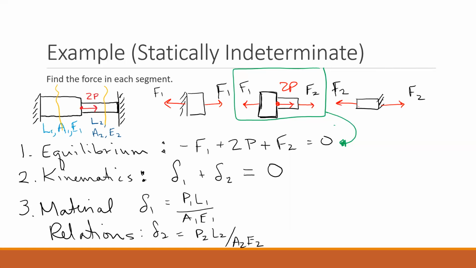So the way we do that is by plugging these into the kinematics equations. So this goes here, that goes there. And we get P1 L1 over A1 E1. You know what? I need to be more consistent with my nomenclature. I'm sorry.